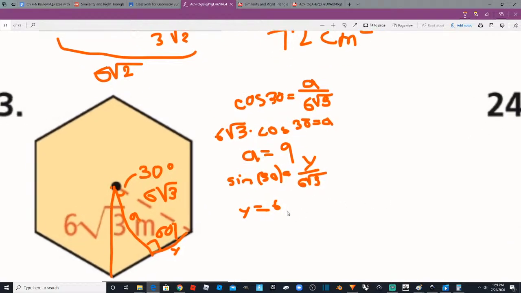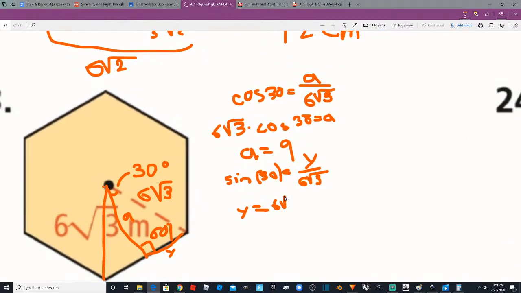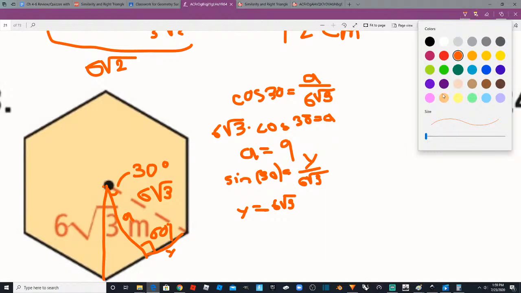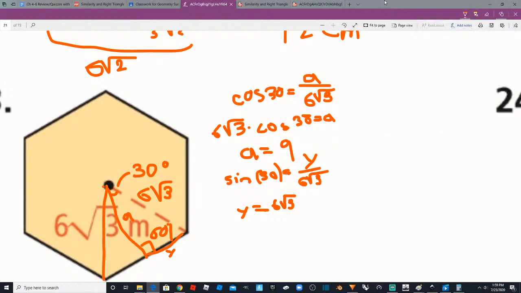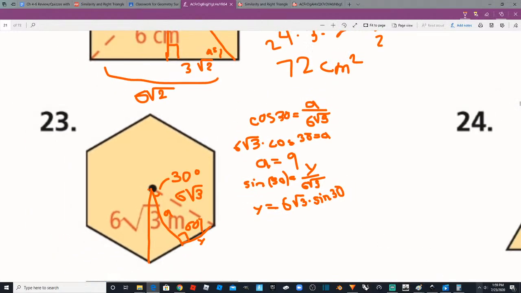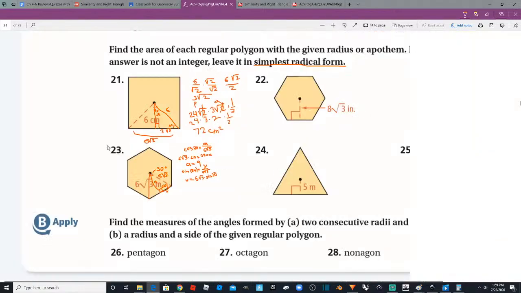I don't know how we can make this radical 3. Hold on. Is there any way I could... Okay. If you can see that, then that's 6 radical 3. Make a better 6. Oh, just make a better one. 6 radical 3 multiplied by sine 30. Okay. We need our calculator again.